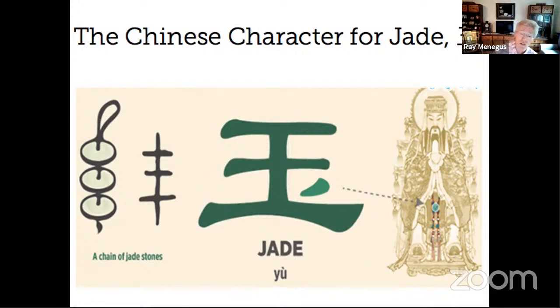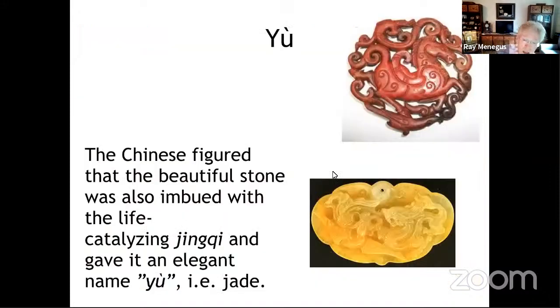So in Chinese, the letters that get transliterated into our script are Y and U with a little dash above the U. But if you see that word and you don't look carefully at the accent marks, you would be mispronouncing it in many different ways. There are probably 13 different Chinese words that are all written YU. So yù is the Chinese word for jade.